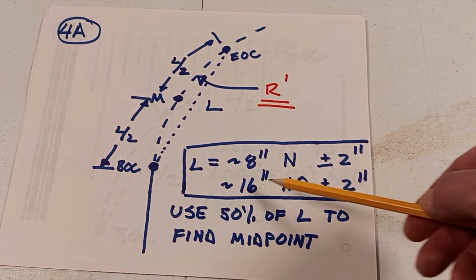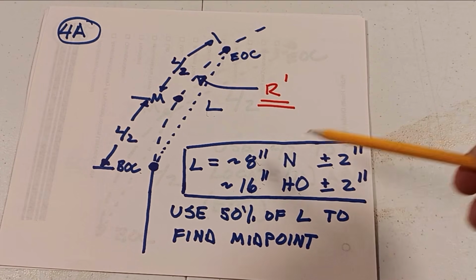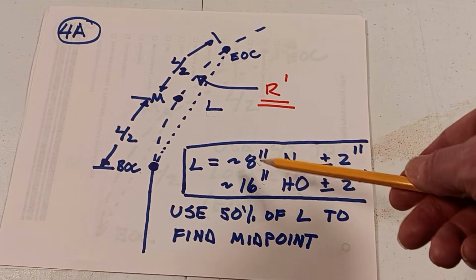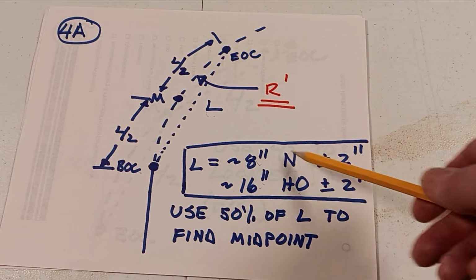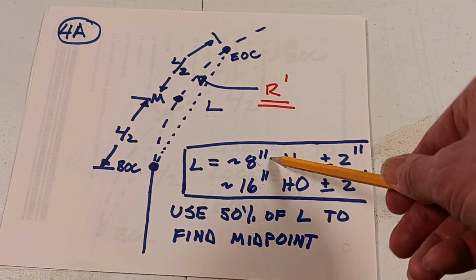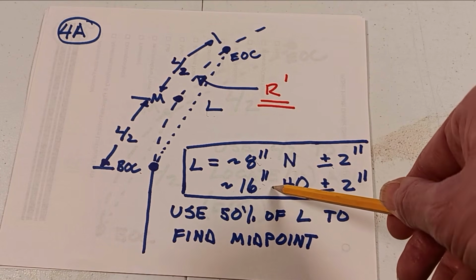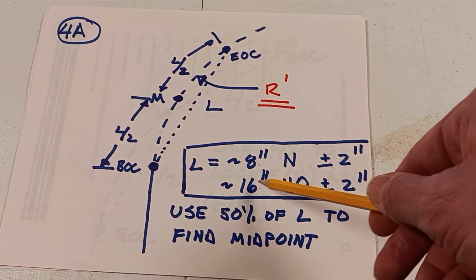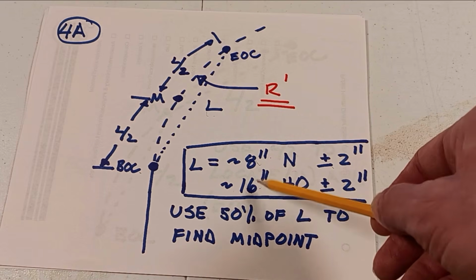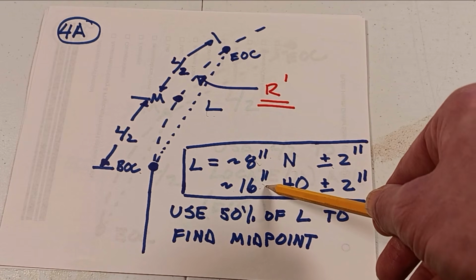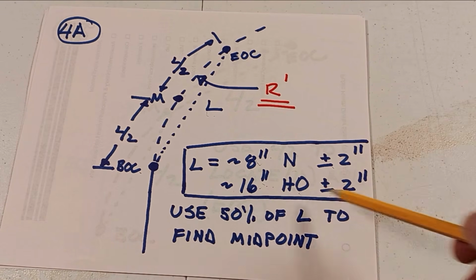So if you're up around 13, 14 inches in N, you're typically going to use the 8. And same thing here: if you're running these minimum curves of 24, 26, 28 or so in HO, it's probably closer to the 16.